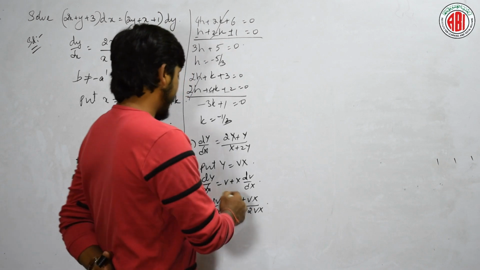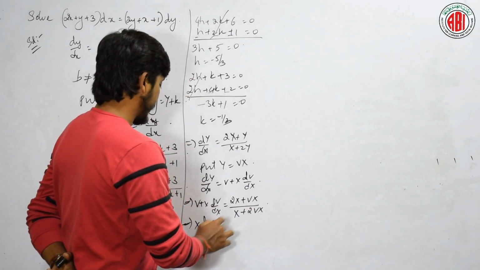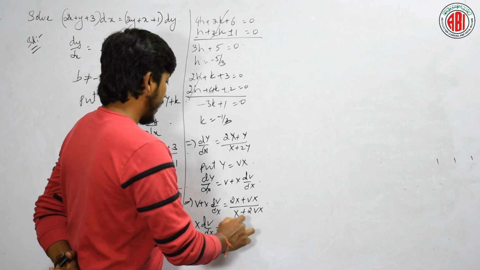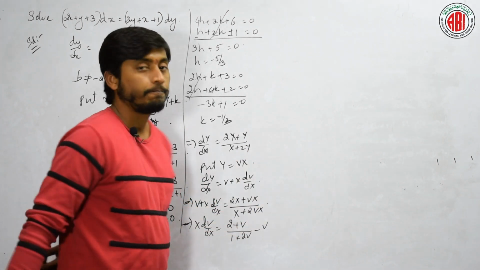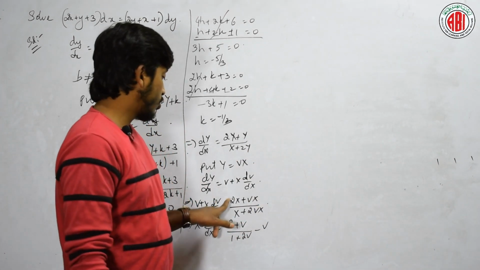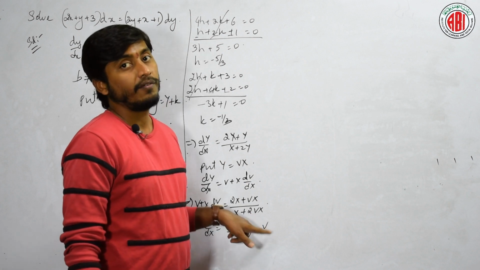Now let us take x common. x dv by dx is equal to, if I take x common, I will be left with (2 plus v) by (1 plus 2v), minus v. Here it is 2 plus v, here 1 plus 2v, minus v.